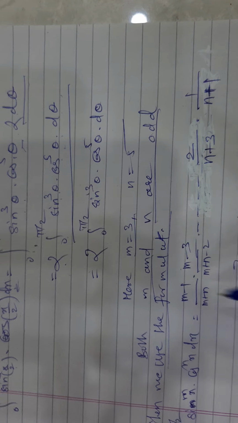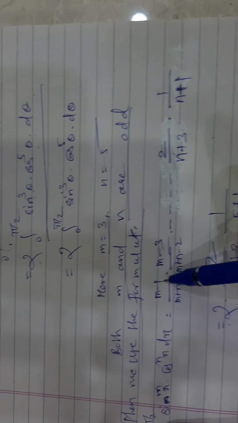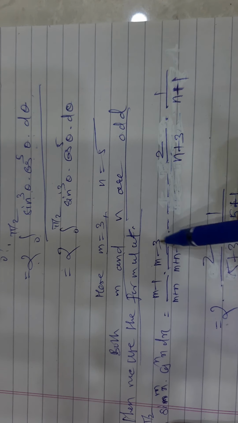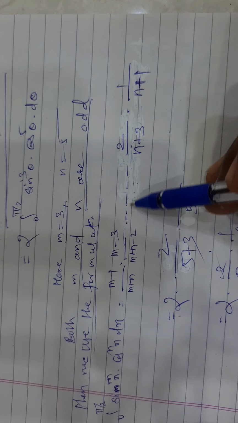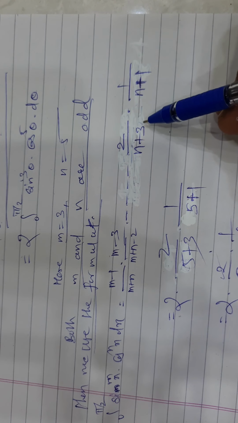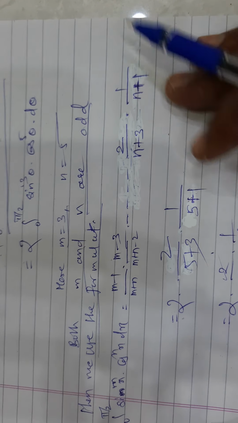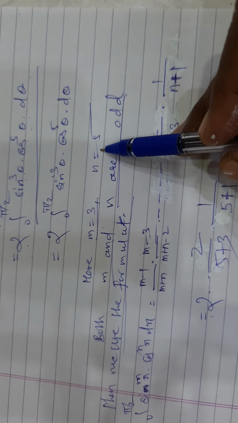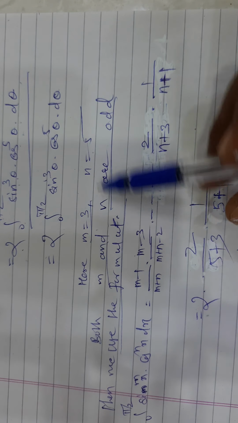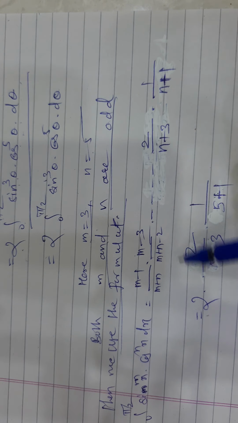Then with the third case, the formula is (m-1)/(m+n) into (m-3)/(m+n-2) up to 2/(n+3) into 1/(n+1). Here m is 3 and n equal to 5.